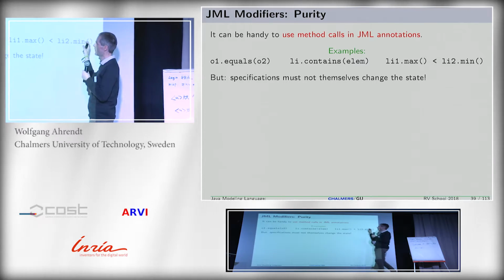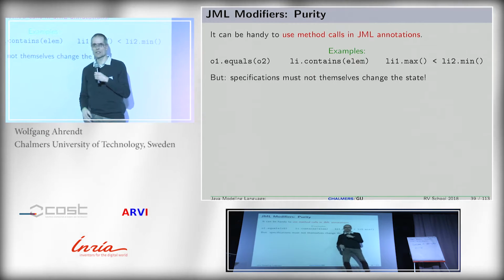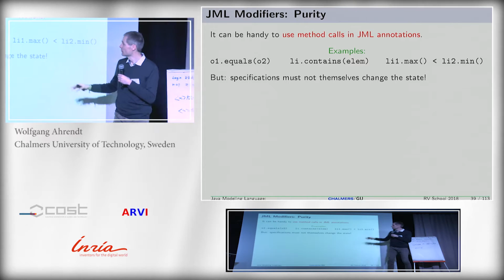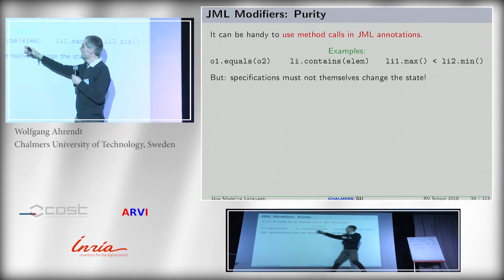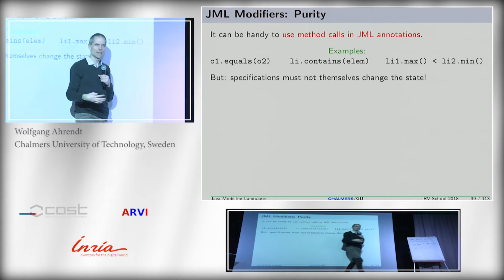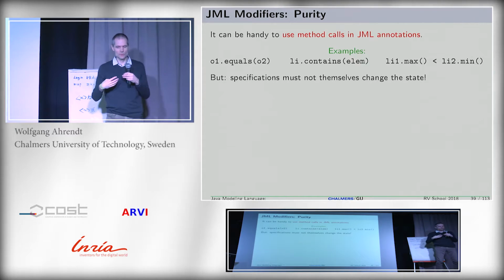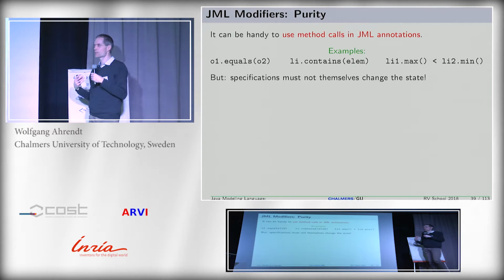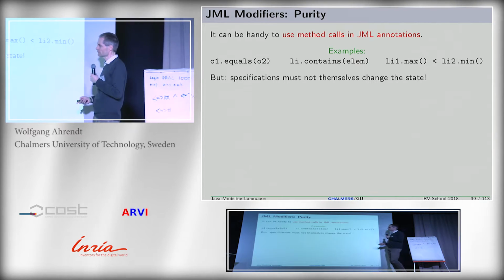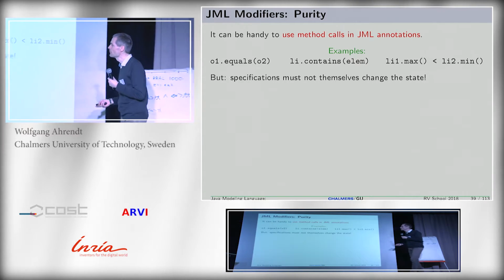But if I want to use that in the specification, I have a problem potentially, because the implementations could change the state, and what would it even mean in the specification to use methods which change state? And so that is indeed forbidden.